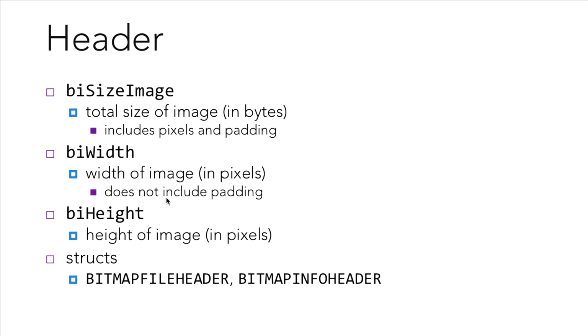biWidth represents the width of the image in pixels minus the padding. biHeight is then also the height of the image in pixels. And then the bitmap file header and the bitmap info header, as I mentioned earlier, those are represented as structs. So you can't access the file header itself, but you want to get to those variables inside. Okay, so how do we update the header info?